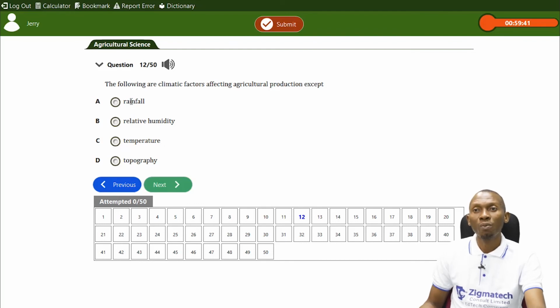So here they said A, rainfall, B, relative humidity, C, temperature, D, topography. So topography is an edaphic factor, not a climatic factor. So the answer is D.